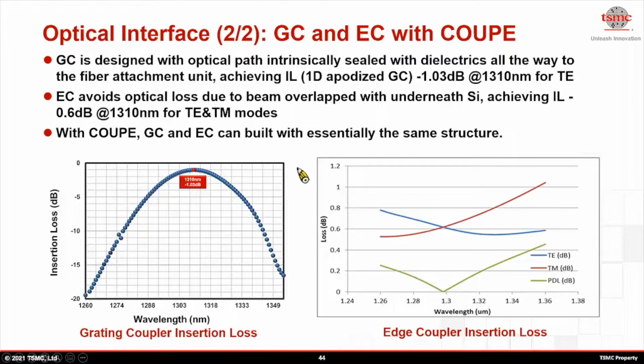And for EC application, we avoid optical loss due to overlap with the underlying silicon, achieving an insertion loss of approximately 0.6 dB for both TE and TM modes at 1310 nanometer wavelength.